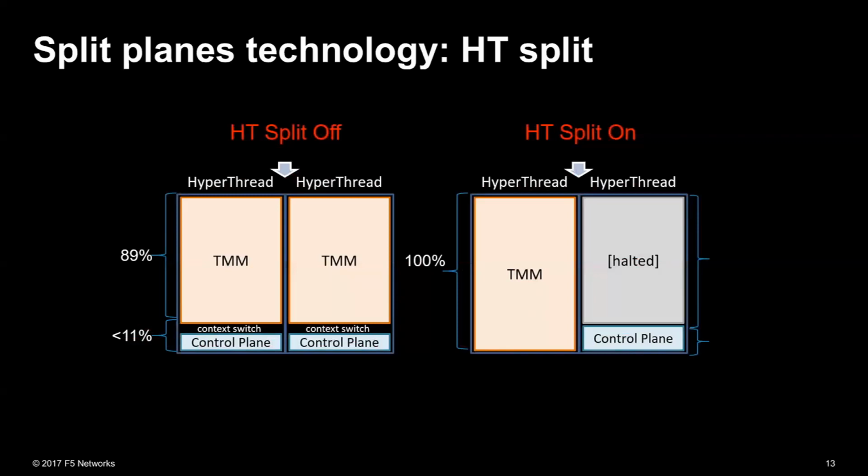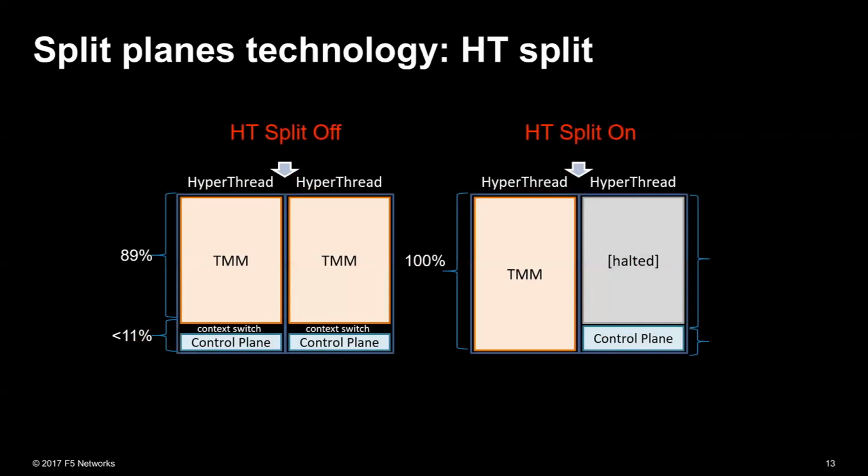When this throttling occurs, it increases TMM access across all physical system cores. The benefits of the HT split are better TMM memory management, as there are fewer threads, half the number. And so the configuration objects are processed by fewer TMMs, thus saving memory used by TMM.